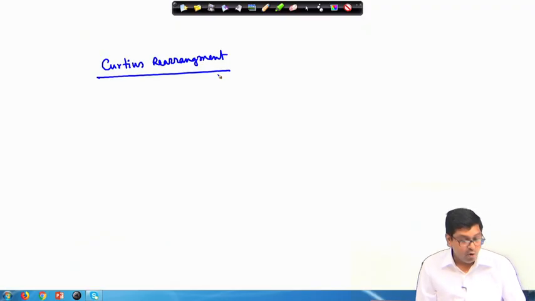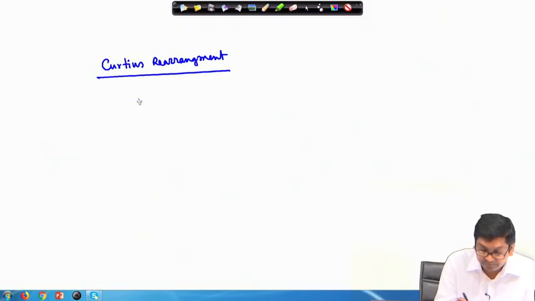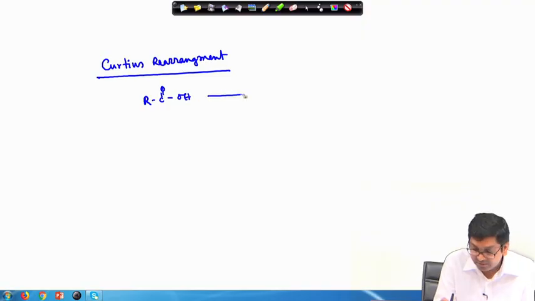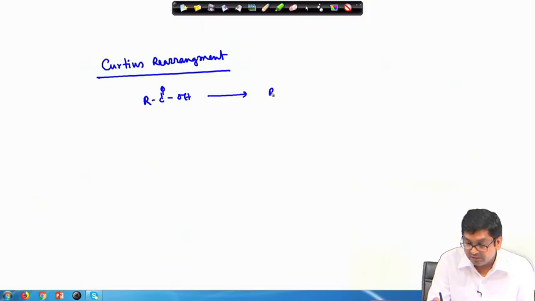As per example, all these types of starting materials will eventually lead to this acyl azide. How can these reactions happen?